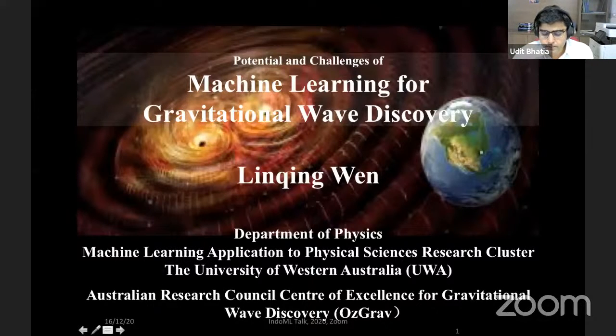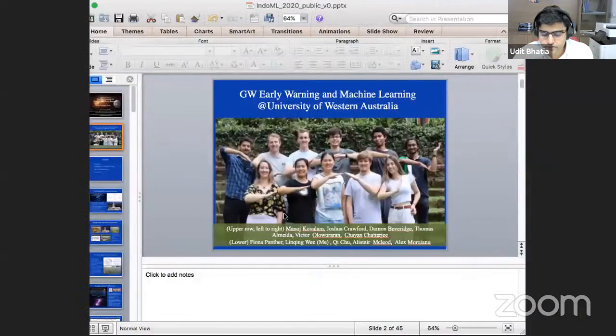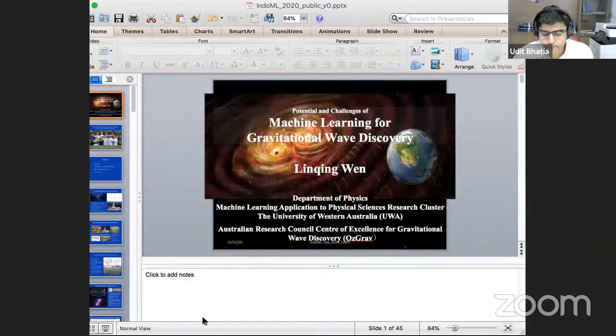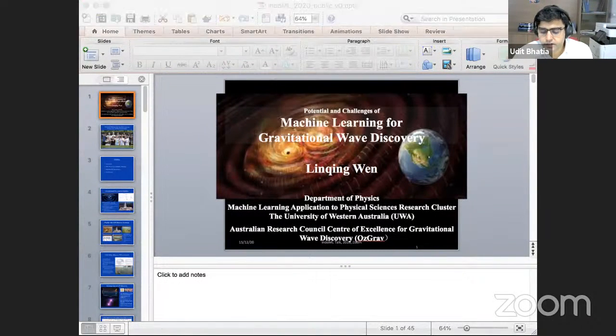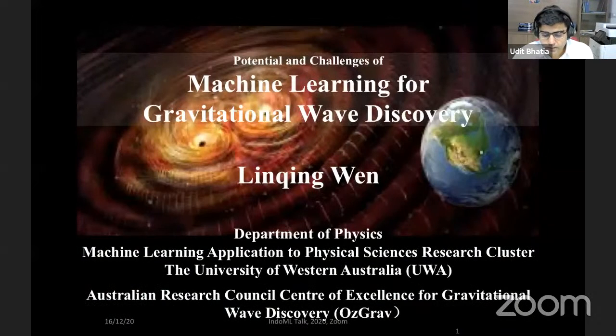She is a 2009 Australian Research Council Future Fellow and currently leads the Gravitational Wave Astronomy Group at UWA. Her recent research interests include online gravitational wave detection, high performance computing, including machine learning, and astrophysics using gravitational wave data. Dr. Wen will be talking about the potential and challenges of machine learning for gravitational wave astronomy. Dr. Wen, over to you.